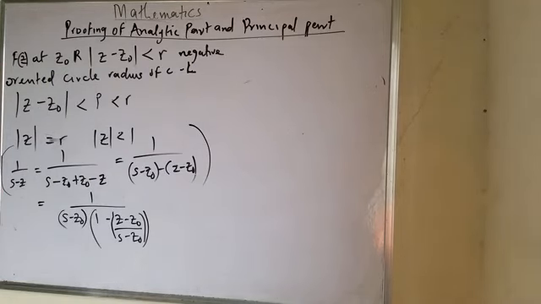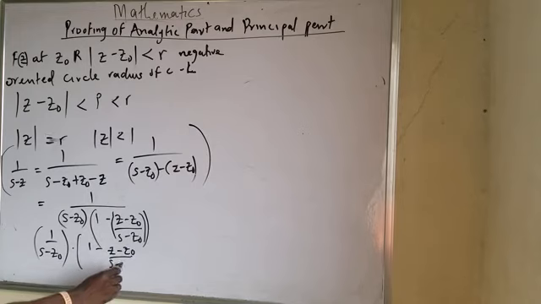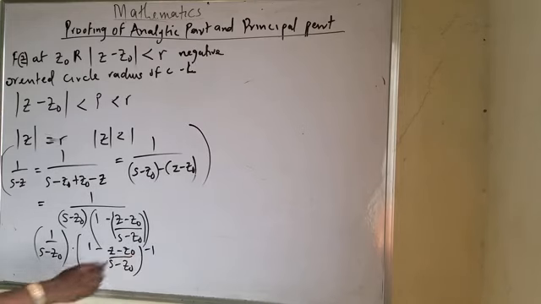Now, since I have this form, I can say that 1 all over zeta minus z naught, bracket, dot, bracket of 1 minus z minus z naught divided by zeta minus z naught, all to the power of minus 1.